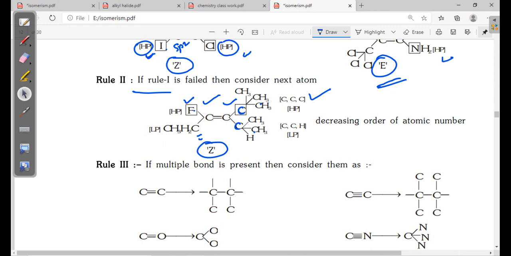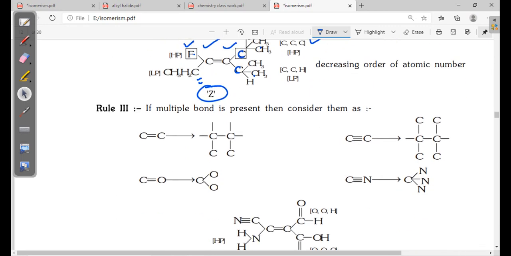Now if multiple bonds are there, like C double bond C, we have to consider this carbon, here number 1. This first carbon is connected with a pi bond, which means 2 bonds to carbon. So we have to consider that 2 carbons are attached. The first carbon is connected with one more carbon by 2 bonds.